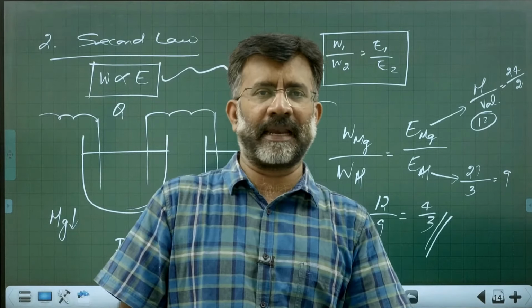Zinc mercury amalgam works as anode, and a paste of mercuric oxide and carbon works as cathode. And what is the electrolyte? The electrolyte is a paste of KOH and zinc oxide.